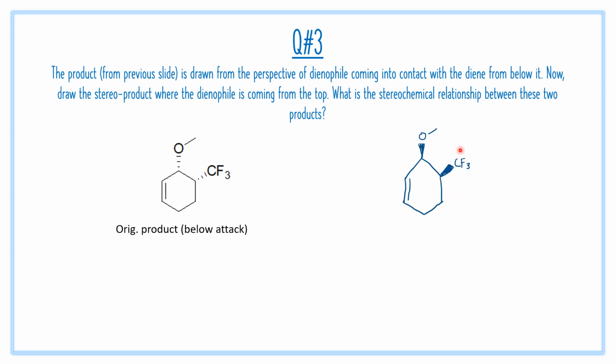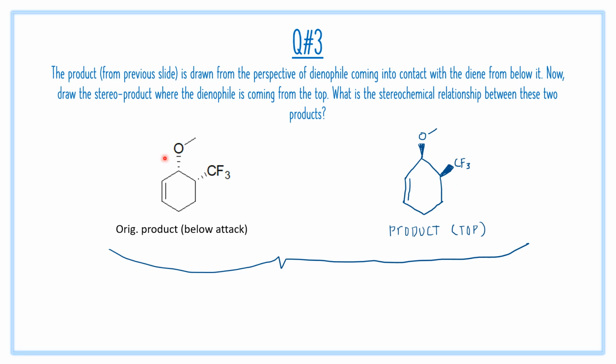So this is what it's going to look like when the dienophile is coming from the top. Now they're both on wedges. So what does this mean? Notice here, these two substituents are both on dashes.